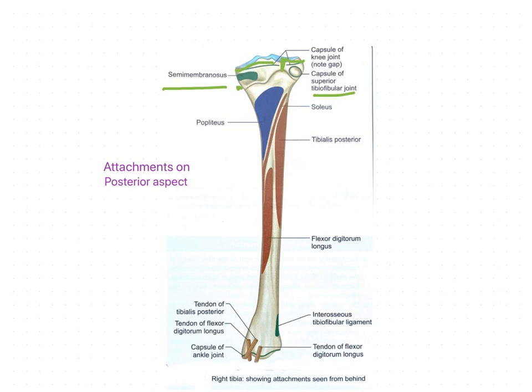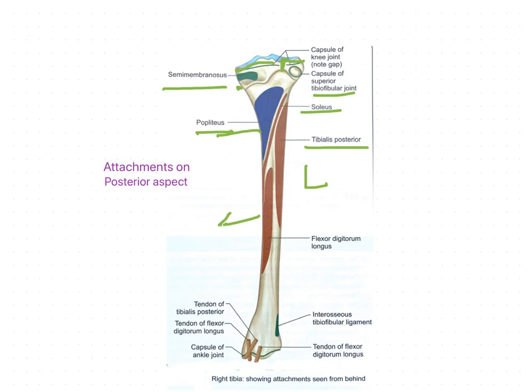Above the soleal line, there is a triangular area which gives insertion to the popliteus muscle. On the soleal line, it gives origin to the soleus. Below the soleal line, the upper two-thirds of the lateral side of the shaft of the tibia gives origin to the tibialis posterior.